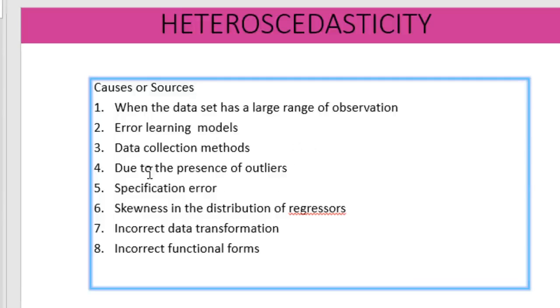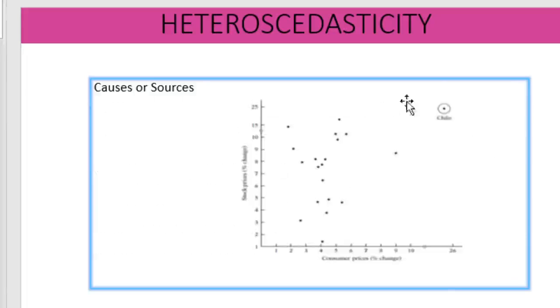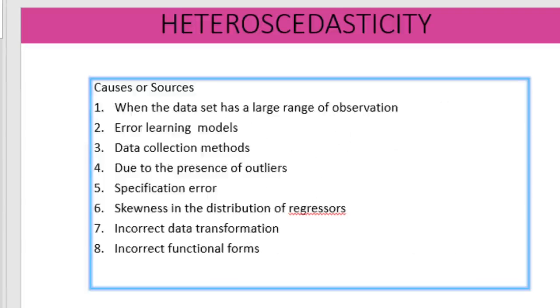Heteroscedasticity may also occur due to the presence of outliers. Outliers are observations that exist away from the rest, like a stranger in the data group. The existence of such data creates the problem of heteroscedasticity.